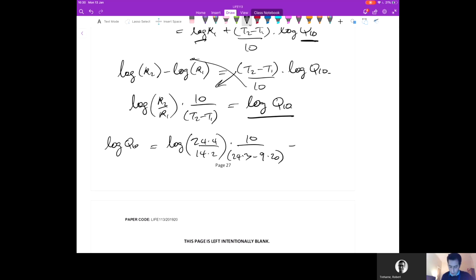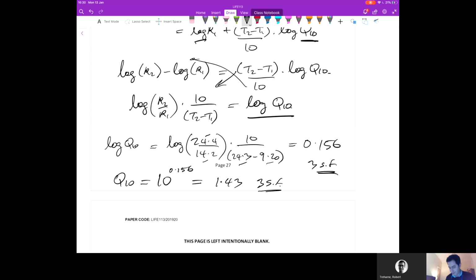That gives me a value for log Q10 of 0.156. That's got to be to 3 significant figures. Brilliant. And that's log Q10. To get Q10, I'm just going to go 10 to the power 0.156. That is 1.43. Again, to 3 significant figures.